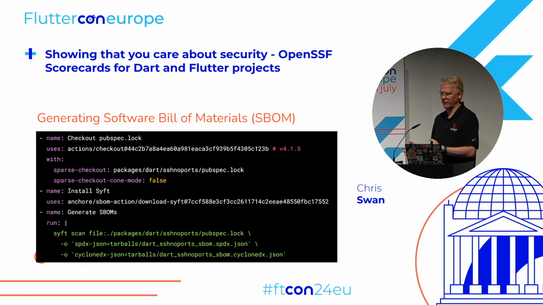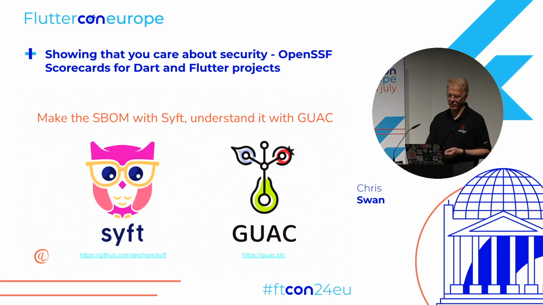There are 2 popular formats, one called SPDX, which comes from the Linux Foundation, and the other called CycloneDX, which comes from the open source vulnerabilities world. We can use a tool called Sift, and it'll scan the pubspec.lock and generate the software bill of materials. So we can make an SBOM with Sift, and we can understand it with Guac.